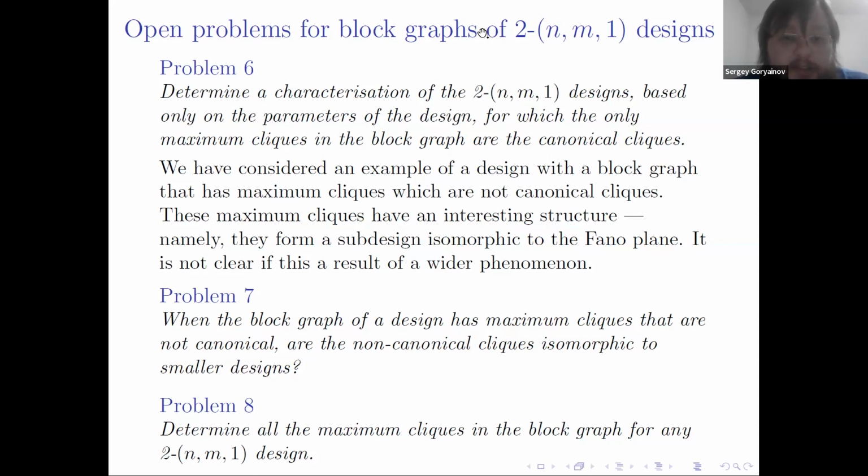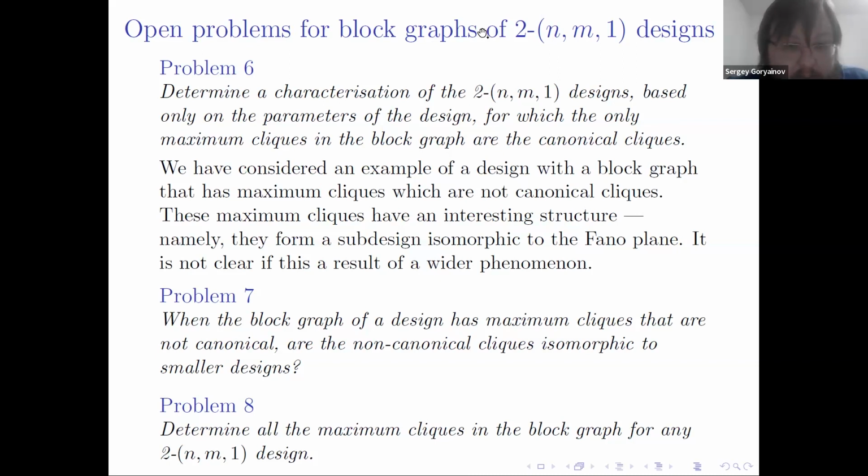These maximum cliques have an interesting structure, namely they form a subdesign isomorphic to the Fano plane. It is not clear if this is a result of a wider phenomenon.